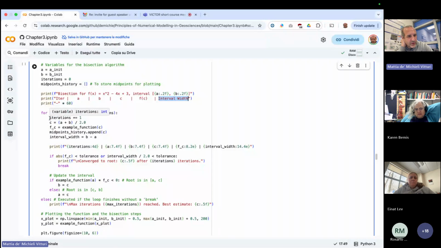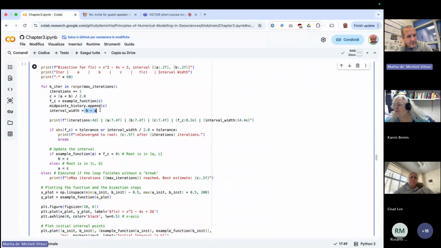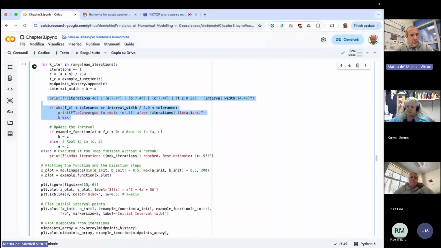So we increase the counter, we take the middle point, we compute the function in the middle point, we append this value to the array of midpoints, we update the interval of the width, and then here we are just writing on screen what we are doing, and then here we have our algorithm.